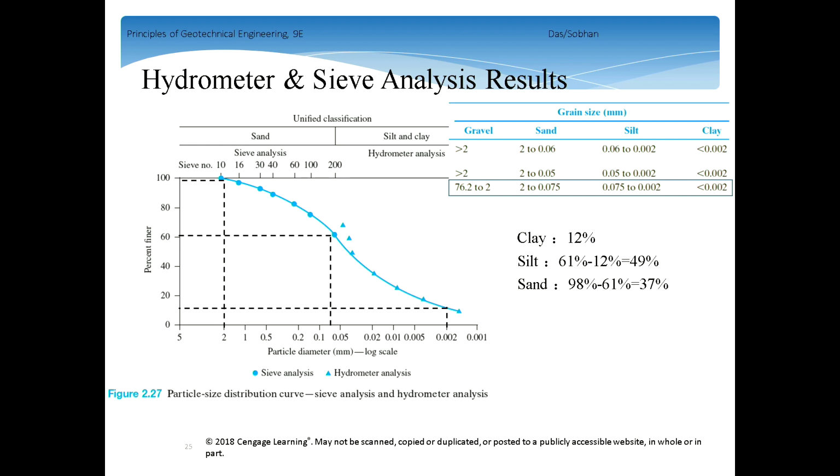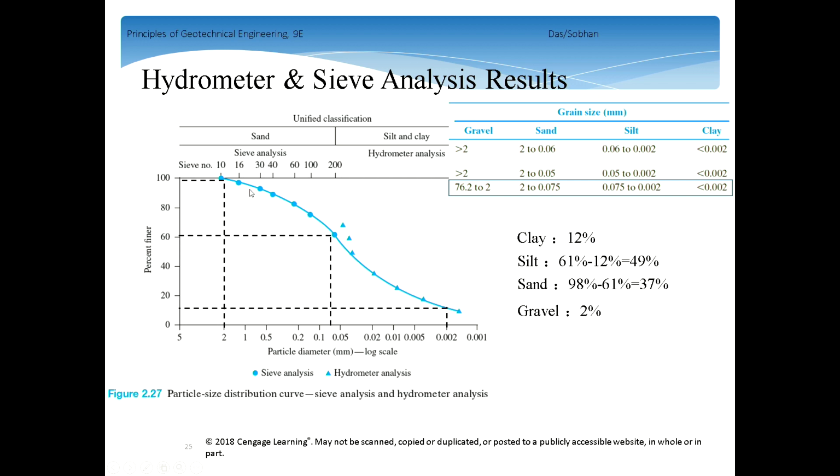Sand, silt, and clay, right? So you need to use the 98% to minus silt and clay. Then you get the percentage of sand, right? And the final gravel is the last 2%. So this is the analysis from the particle size distribution curve.